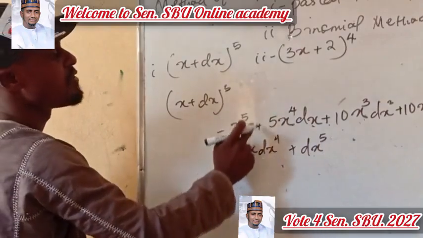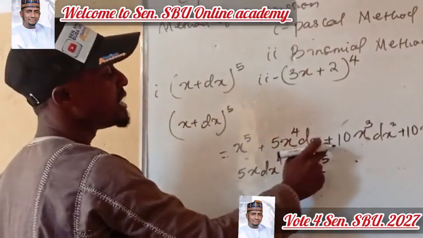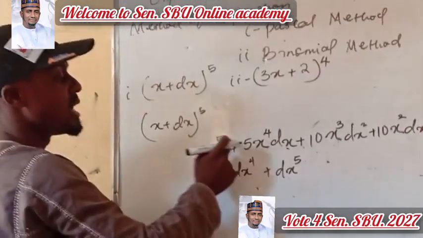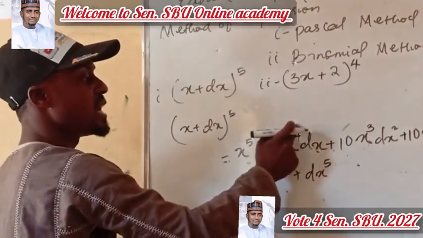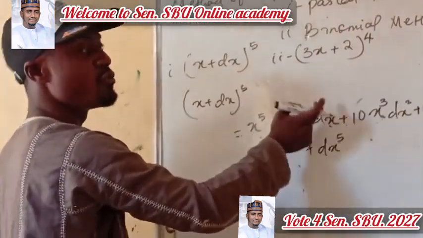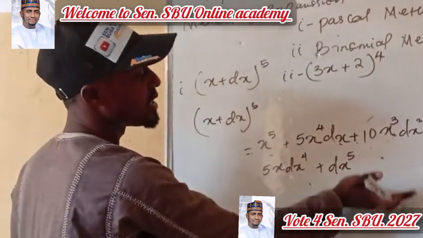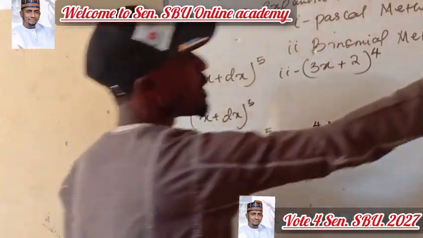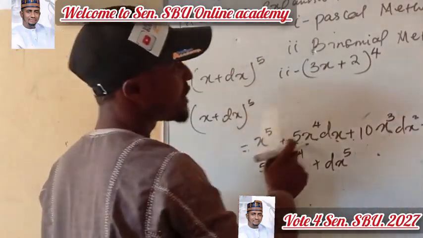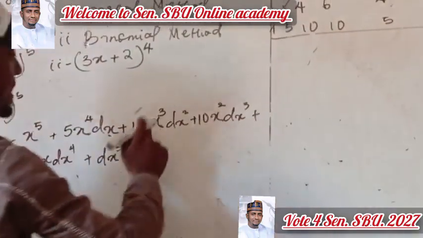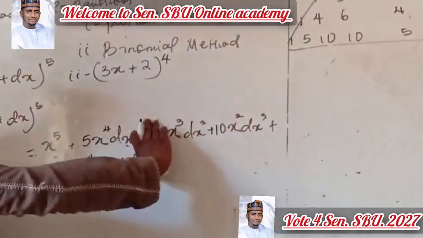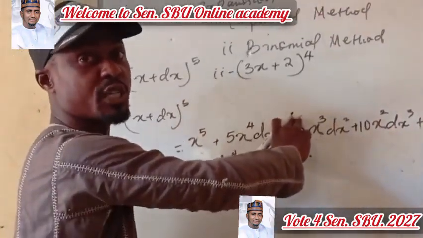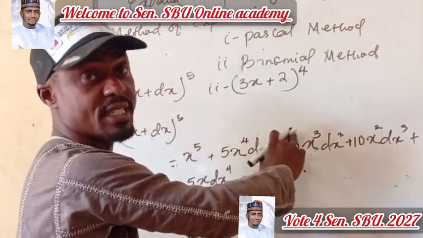Here there is no dx, but here dx comes with power 1. x is power 5 here and here x is power 4, because as you move based on the Pascal rule, x is decreasing and dx is increasing. This 5 is the coefficient we have here, and 10 is 10. And the same expansion, if you use the binomial method of expansion, the answer will be the same.